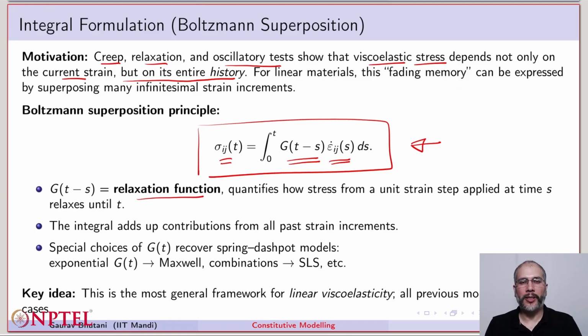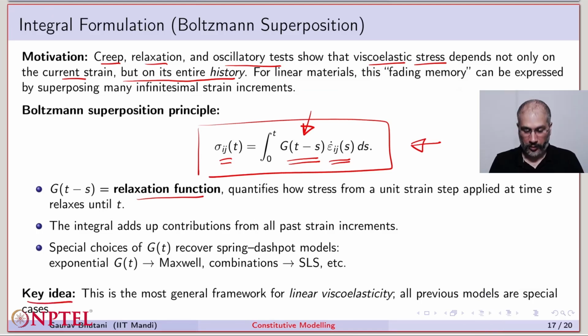So again, this is a general expression of the behavior of sigma as a function of time for viscoelastic materials. Different choices of models such as Maxwell, Kelvin-Voigt or standard linear solid models will result in different expressions for this Green function or the relaxation function G.